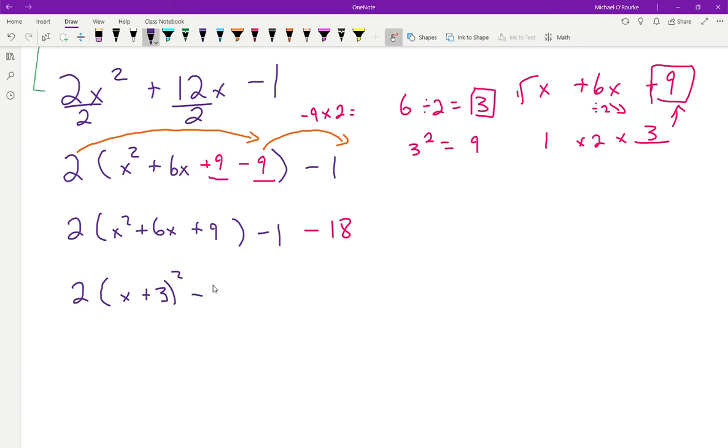And that's going to be minus 19 at the end. Because if we were to factor x squared plus 6x plus 9, this would factor out to x plus 3 and x plus 3. But we just put it together with the square.